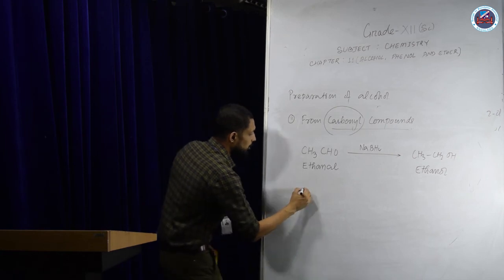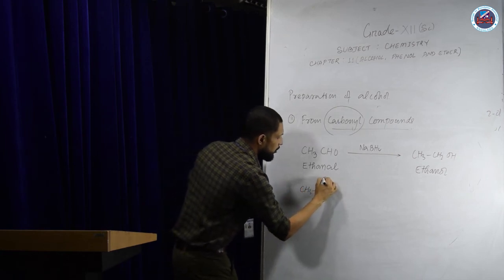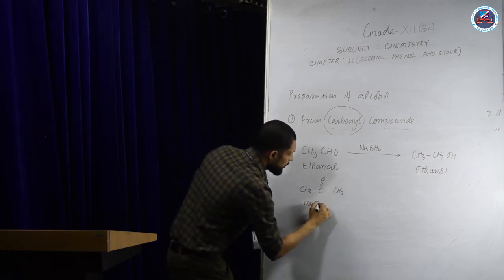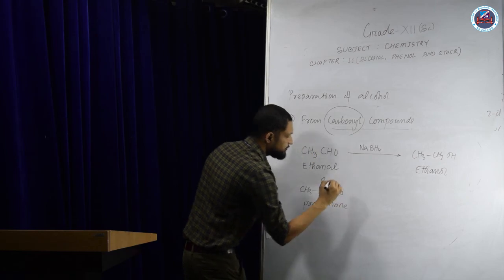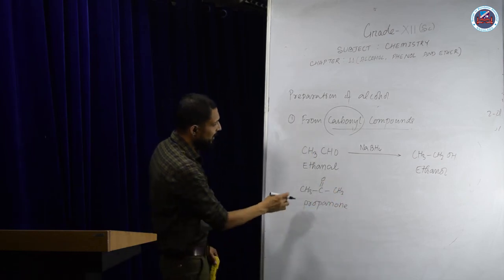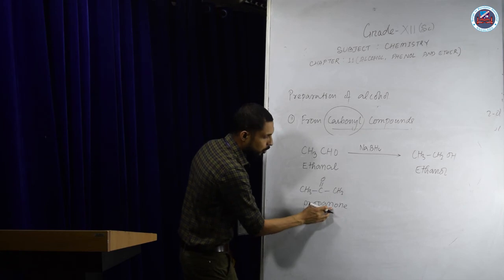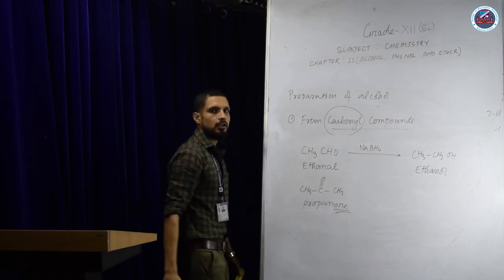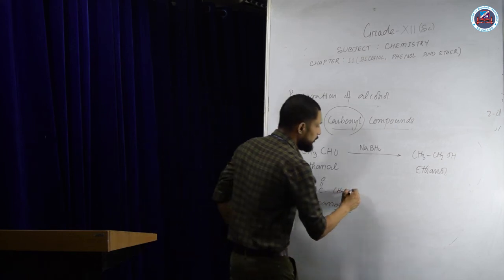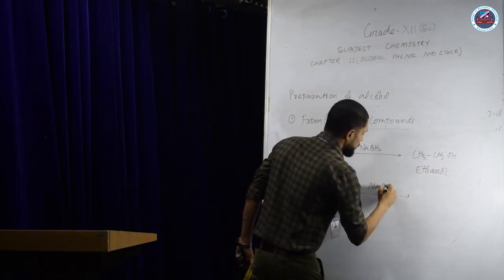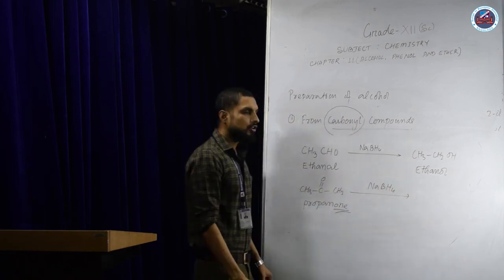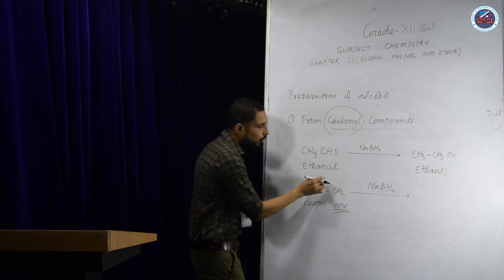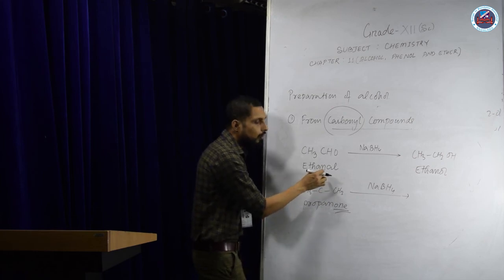Let us take a ketone, that is CH3, C double bond O, CH3. The name of this ketone is propanone. You have 3 carbon atoms, 1, 2, 3, so it's propane, and since it's a ketone, E is replaced by O and E, propanone. If it undergoes reduction, we have to use a reducing agent. The carbonyl group, that is CO, will become COH.